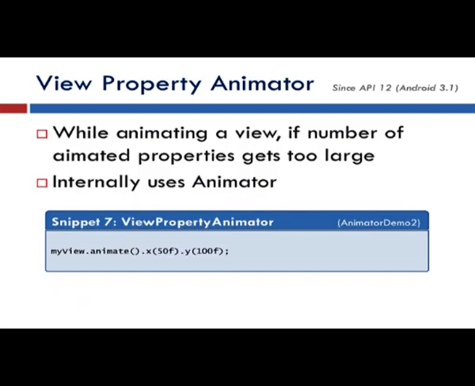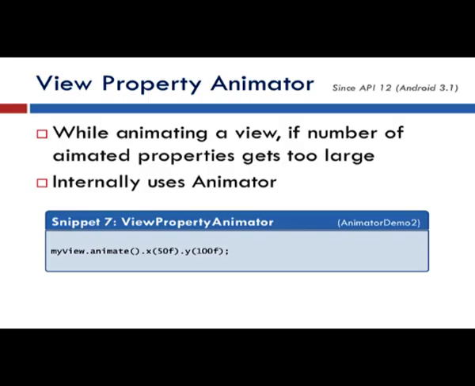The next thing to write concise code is to use a ViewPropertyAnimator. ViewPropertyAnimator is new in Android API 12, which is Android 3.1, so it might not be available on older platforms. Here the entire earlier example can be written in one line: myView.animate.